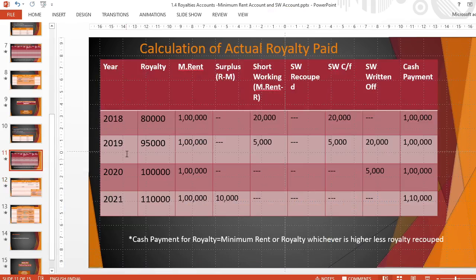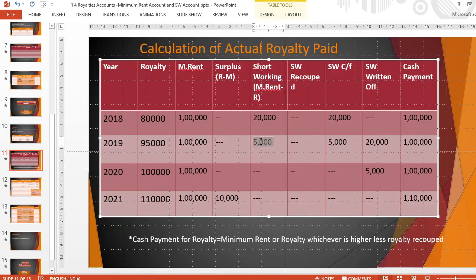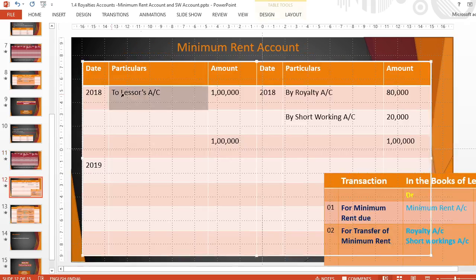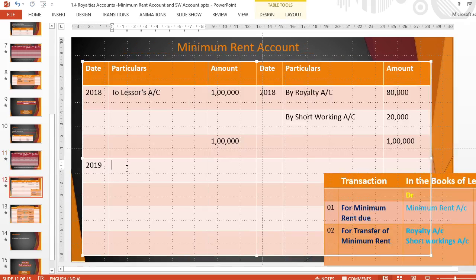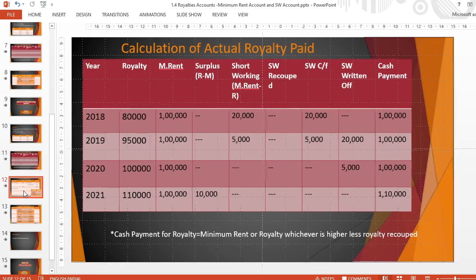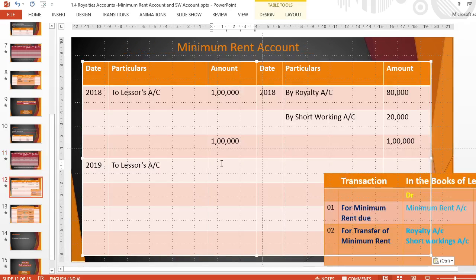For 2019, again we have short working of 5,000. The same transactions will repeat. Minimum rent account debit to lessor's account. I'll check the balance amount. The 2019 minimum rent is again 1 lakh.